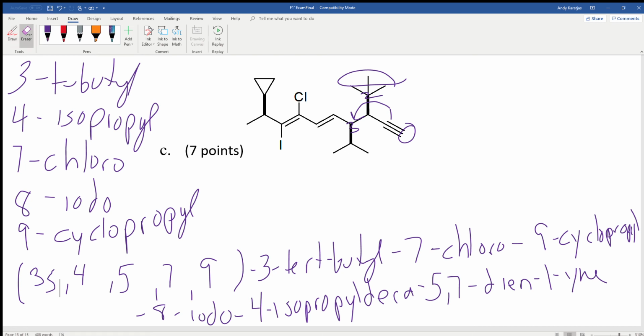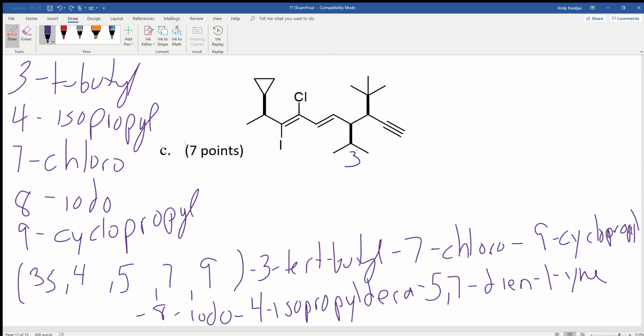I'm going to erase those so they don't get in the way as we do the next one. Carbon 4, all of our carbons that are directly attached to carbon 4, the isopropyl, this carbon, and the alkene, count as bonded to 2 carbons. So we're going to have to go further than that. Now, in the case of the isopropyl group, we know that going further just gets us to methyl groups.